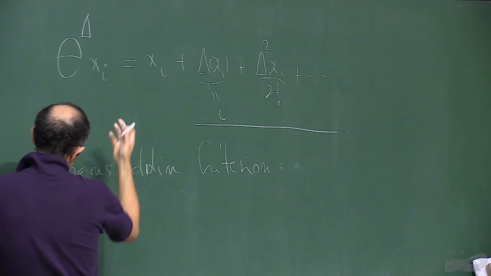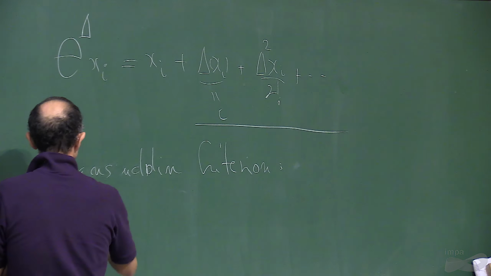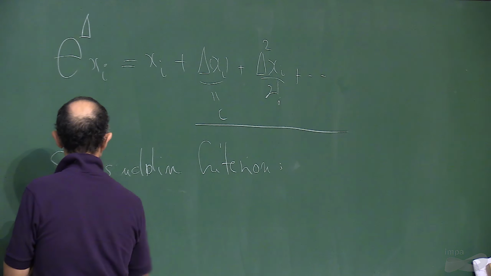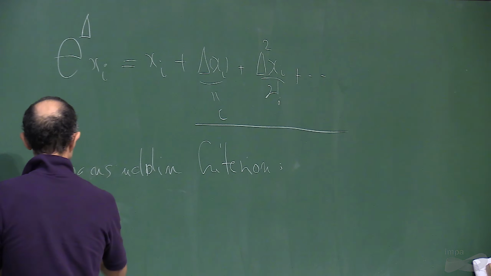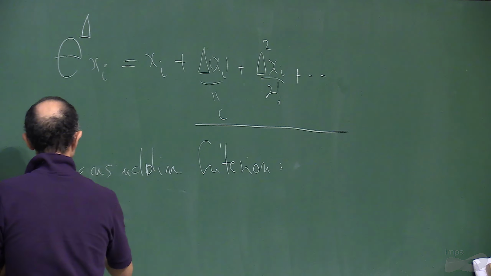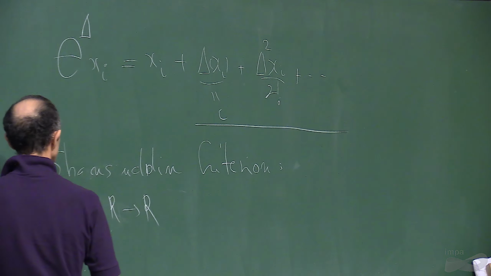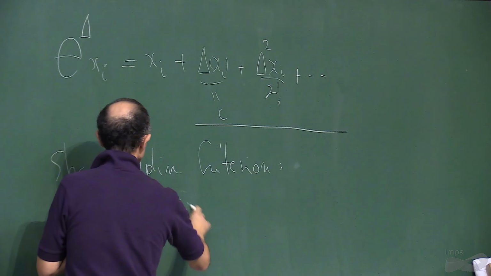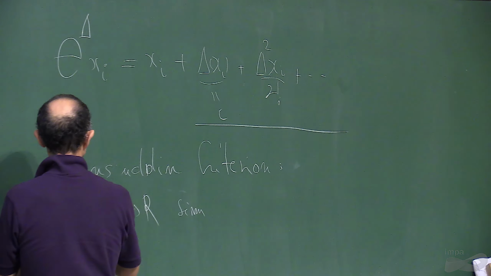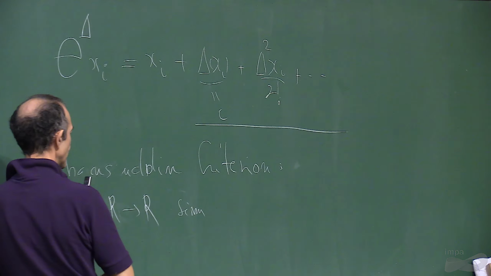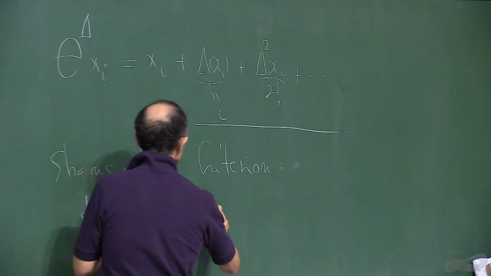In this case, you have a derivation D of a ring, which is simple.